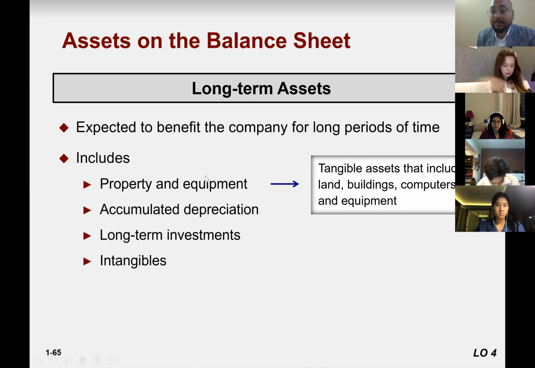Long-term assets or fixed assets, whose benefit is of course more than 1 year or more than the accounting period. So in long-term assets, we have tangible assets and intangible assets. In tangible assets, we have plant, property, equipment. Property, like building, like land.